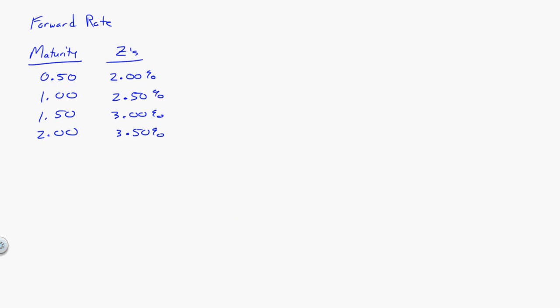Let me give you one more example. Work through this one more time, and let's look for 2F1, which is a 2-period forward rate beginning in period 1. So what will that look like? I'm just going to do it with periods instead of the months here. Whichever way you want to do it is fine.